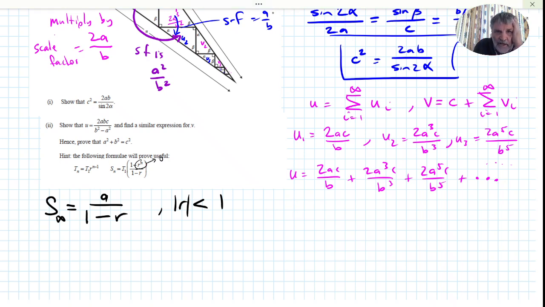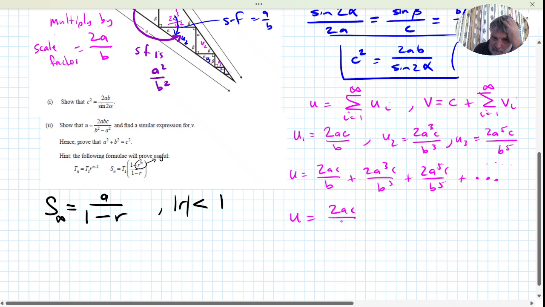So that means over here that u is 2ac over b, and then divided by 1 minus, and we found our scale factor was a squared over b squared between each second one of these triangles. I'm going to multiply this by b squared over b squared.